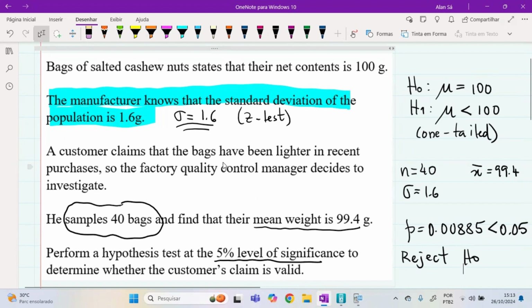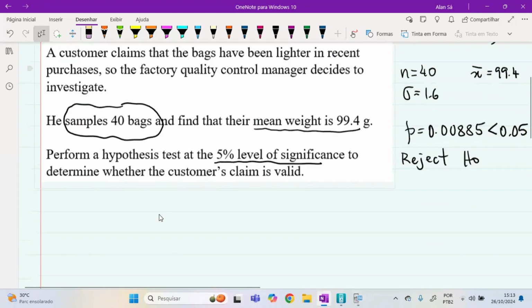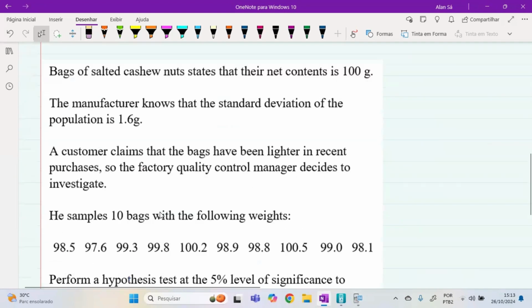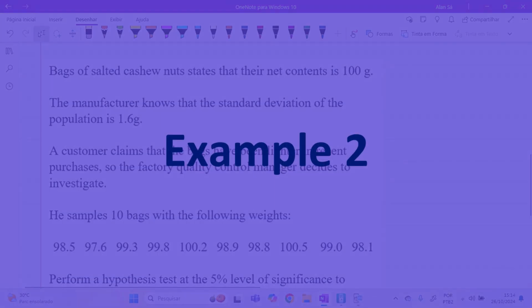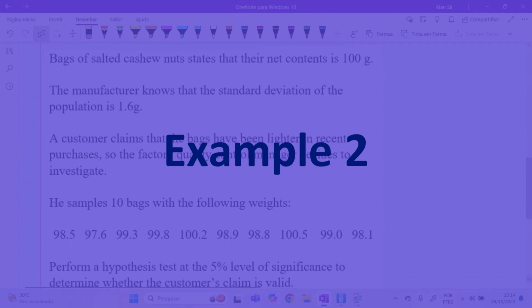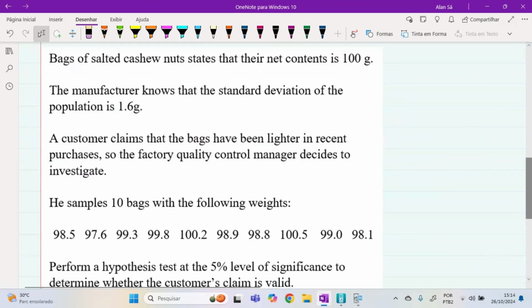But it could be a different situation where, rather than having just the mean and the sample size, we have the actual data. It's a very similar situation. So what would change?